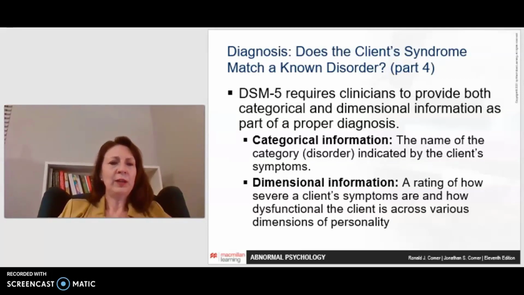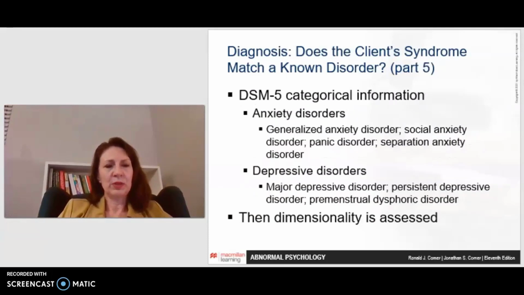And so we find in there categorical information that's indicated by the client's symptoms. And then we also find guidance on how to rate the behavior dimensionally. So in terms of how severe the client's symptoms are and how dysfunctional they are across different dimensions of personality.